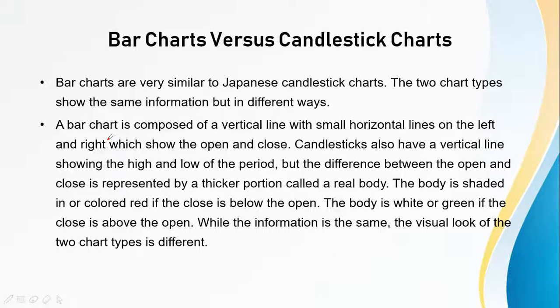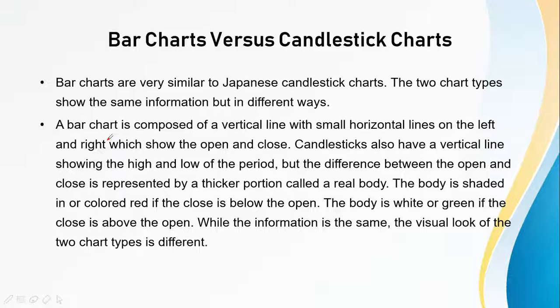Candlesticks also have a vertical line showing the high and the low of the period, but the difference between the open and the close is represented by a thicker body called a real body, and the body is shaded in or colored red if the close is below the open. The body is white or green if the close is above the open. That is, if the candlestick is bullish, then the body will be white or green.